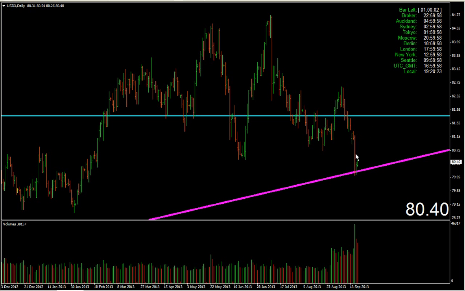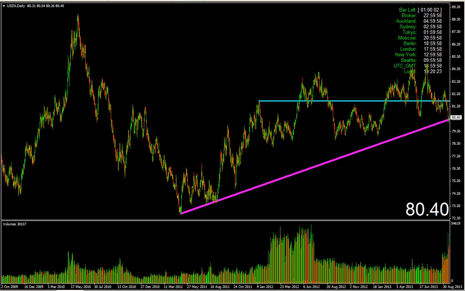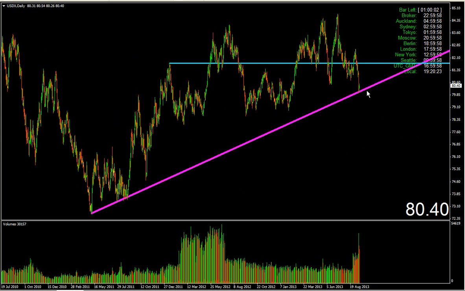If you put this all together, we've got even the scenario around about 80 points in the euro dollar. So all in all, if 80 points didn't hold, I don't know, I would stay away from the dollar.